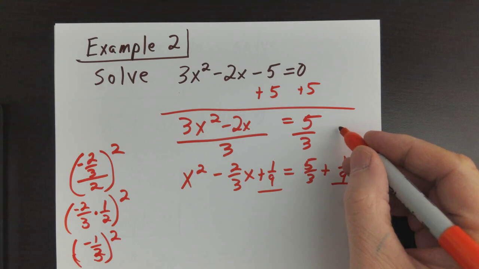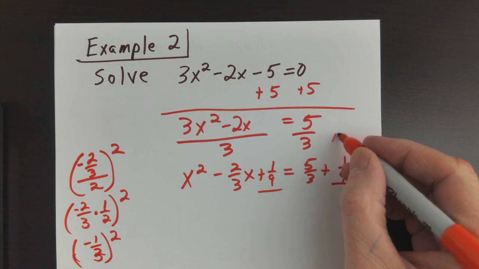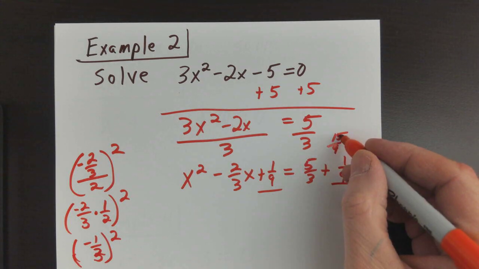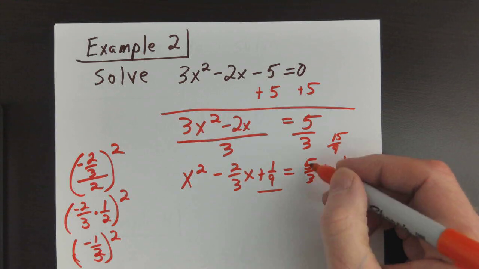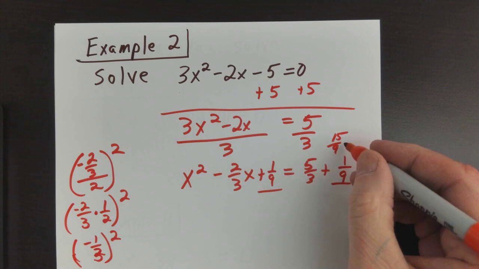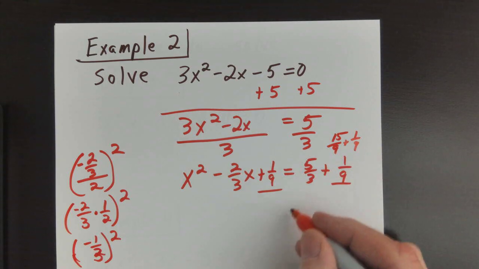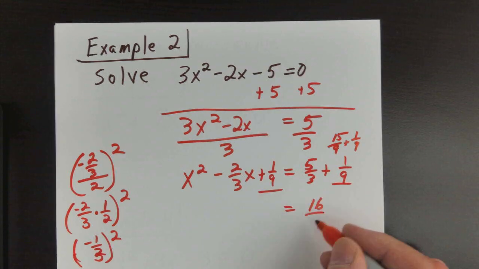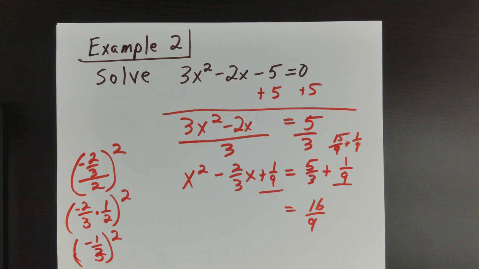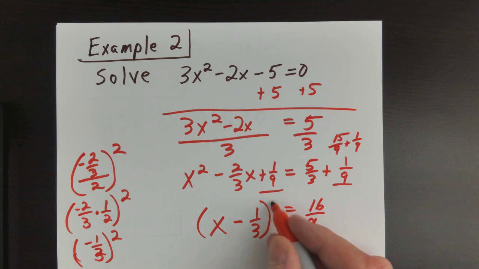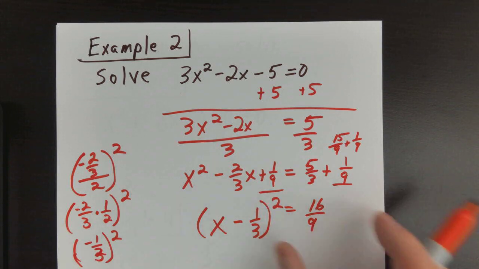Now 5/3 is 15/9 if I multiply 5/3 by 3/3. 15/9 plus 1/9 gives me 16/9. And this is x minus, and it's this b over 2 value, x minus 1/3 squared.